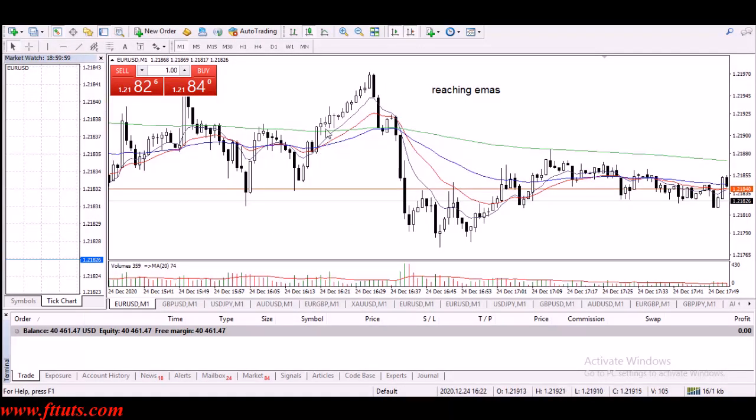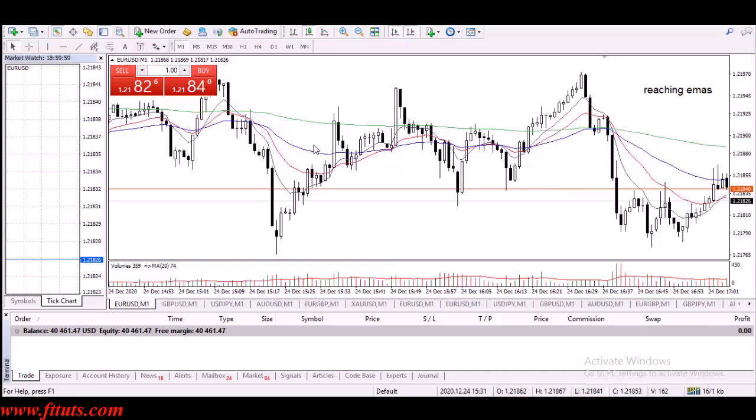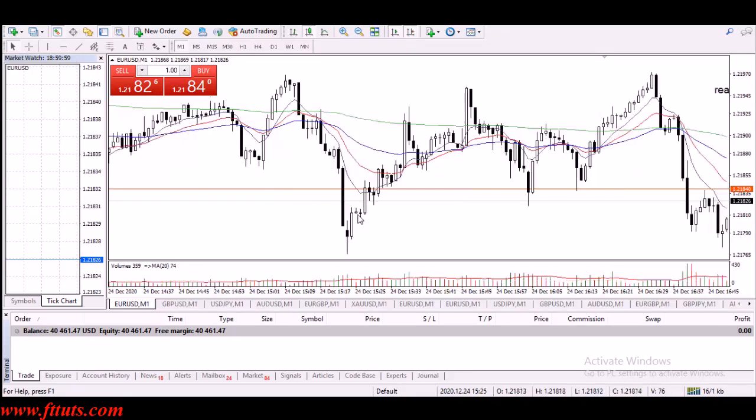So this one, okay, this one is perfect. For example, here price went up making a very big candle. Let's say you started to sell from here and price reached back EMAs, you will be closing there. And also buy here. Now let's check it. Sell here and close on EMAs.